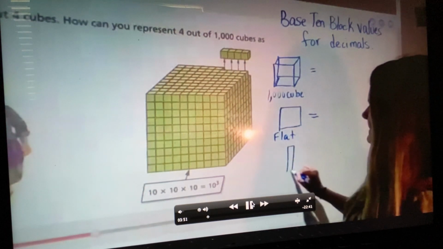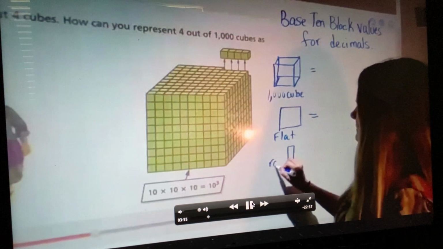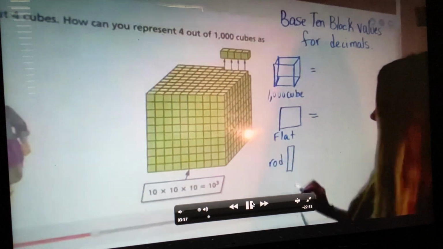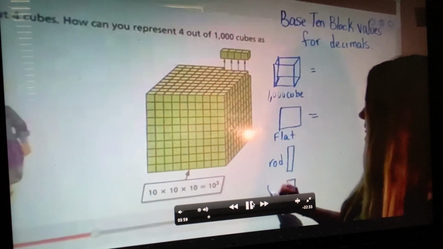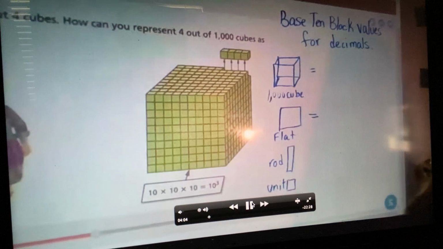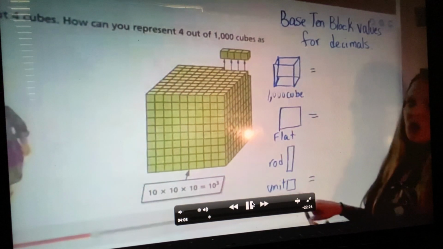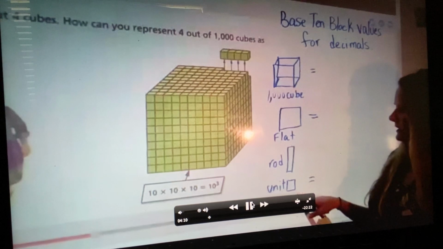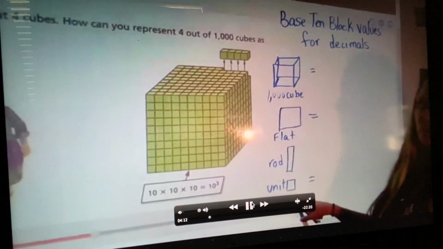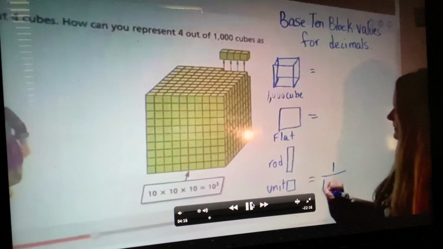The tens, which was also called the rod. You remember these? And of course our little guy here, who's our unit. Okay? For 5th grade, our unit base 10 block is going to equal 1 out of 1,000.